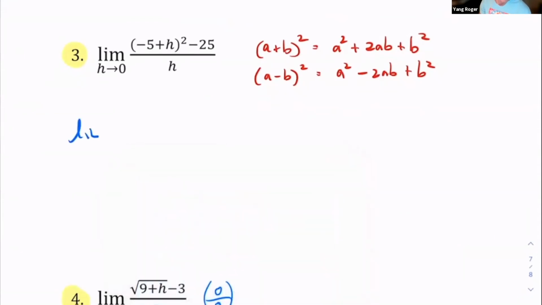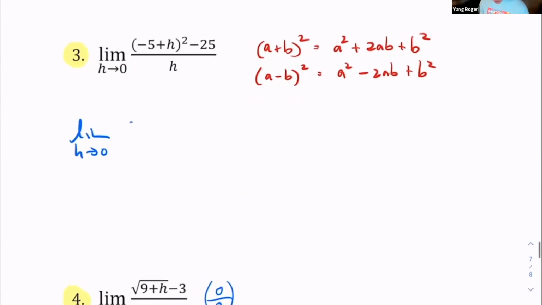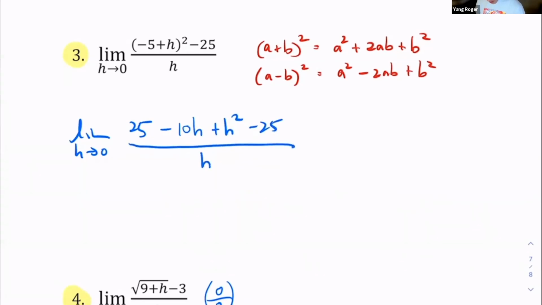So we're going to get the limit as h goes to 0. When I distribute this first term over here, this is going to give me -5 squared, which is 25, plus 2 times -5 times h, so that's going to be minus 10h plus h squared, minus 25, all divided by h.